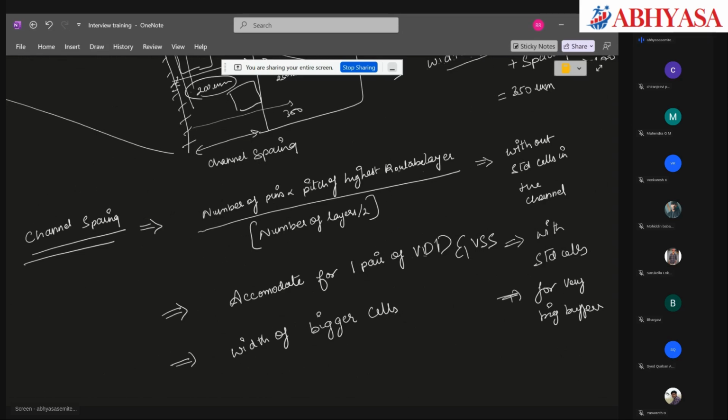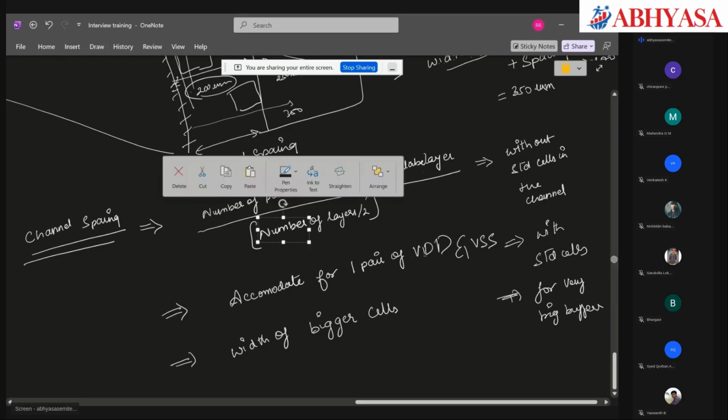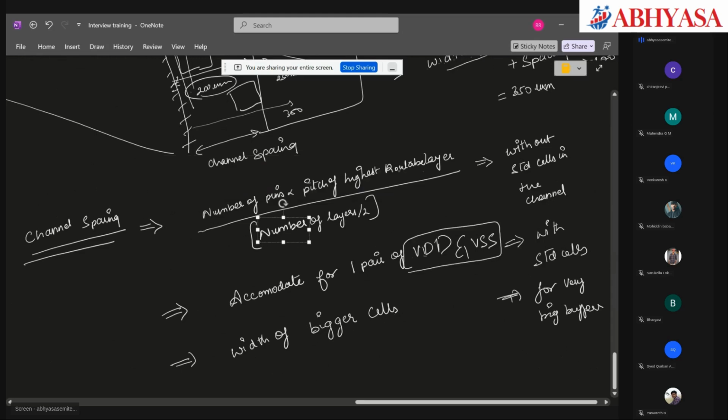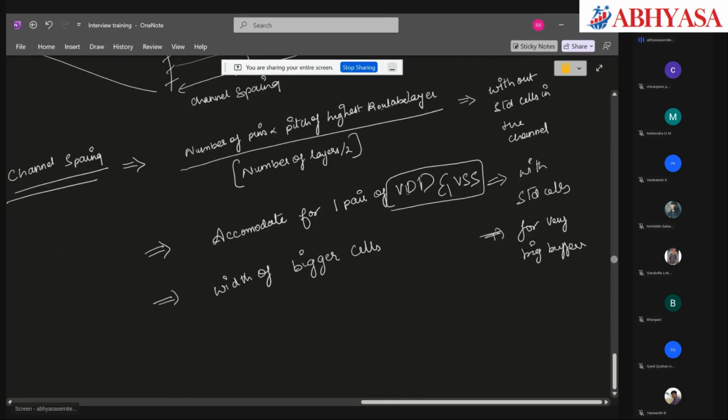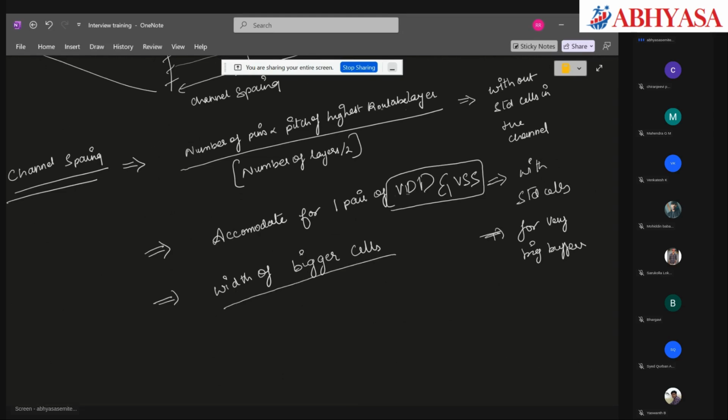If standard cells are taken into consideration, I have to also think about one pair of VDD and VSS, right? And if I have any always on buffers or something like that, which are very big in size, then if I want to place those cells, I have to take that width of those bigger cells into consideration, right? That should be your answer when somebody asks, how will you calculate channel spacing?